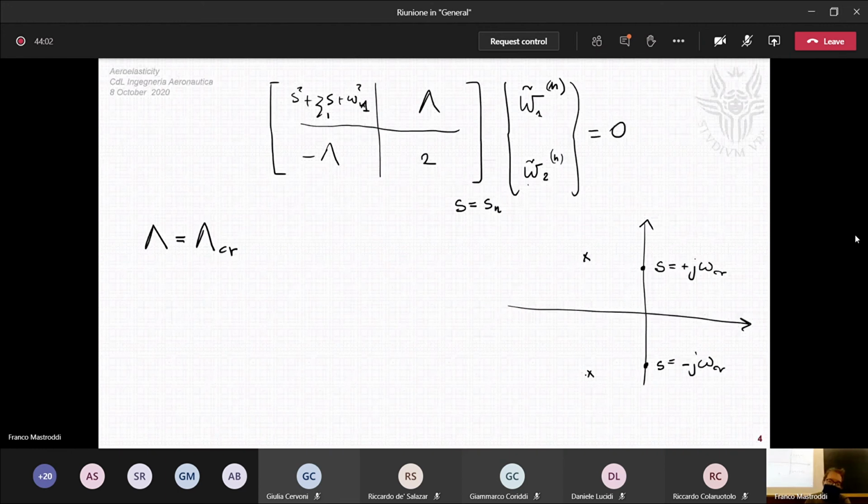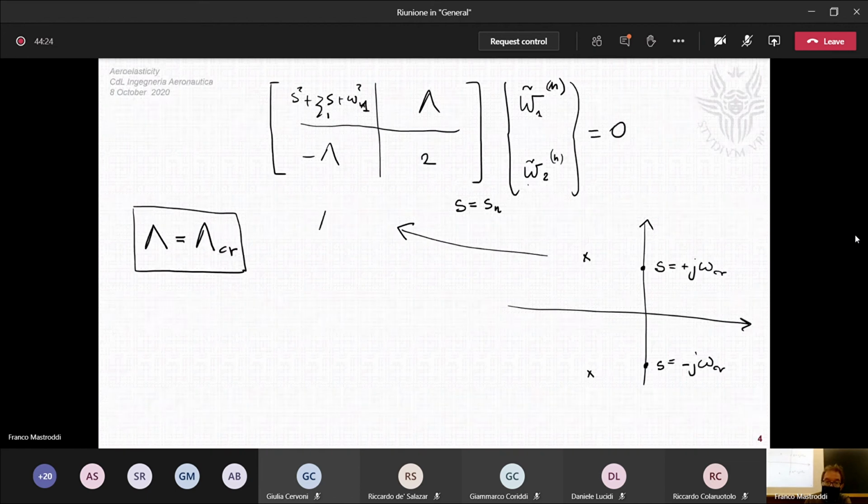Okay? So, when you put this value for lambda, you obtain these 4 poles, and you obtain correspondingly 4 eigenvectors for building your free solution, for example.